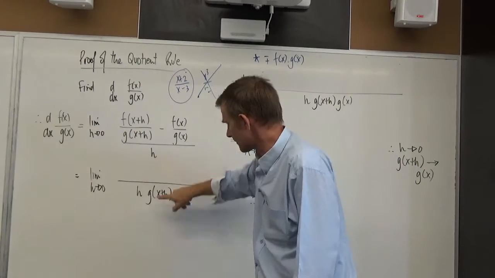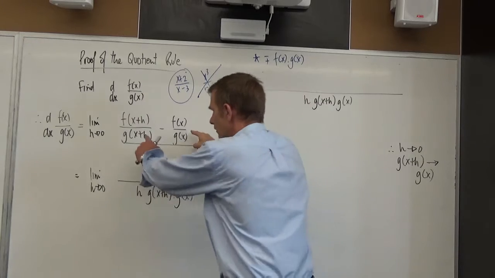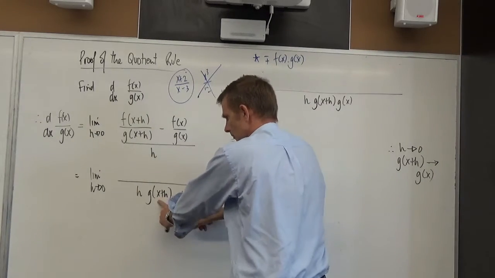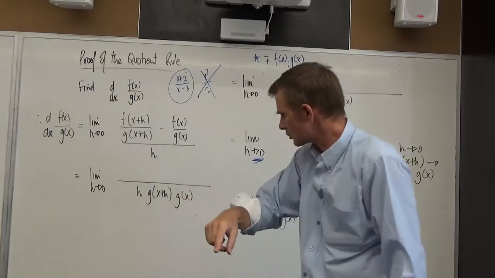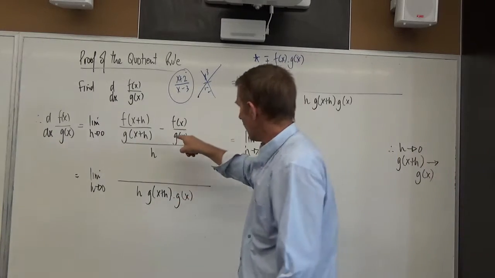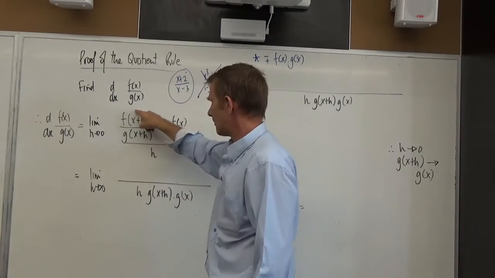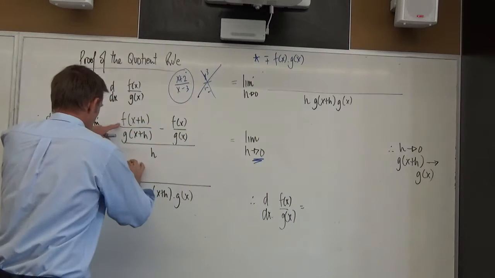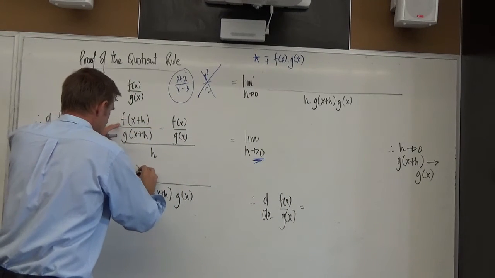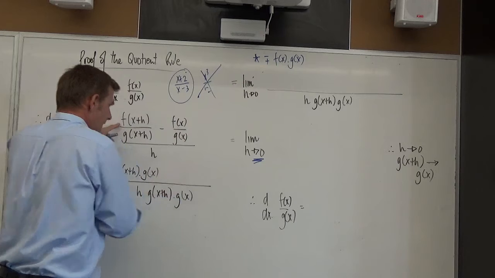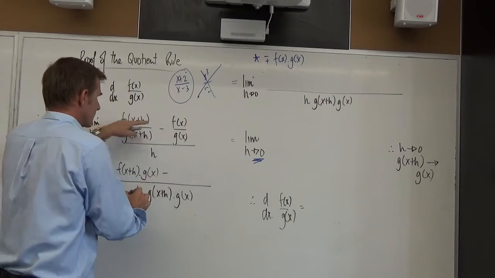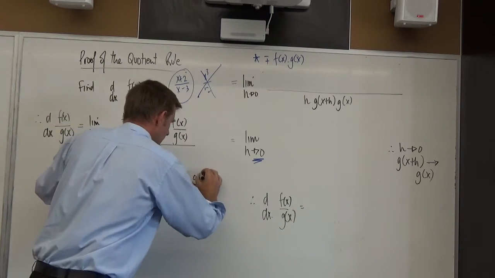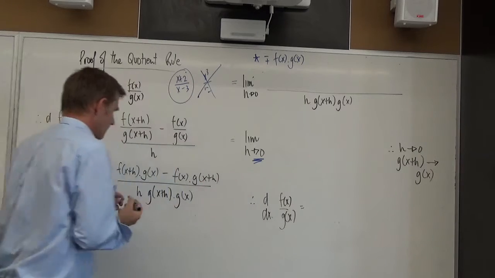And the second step, you'll notice here, I've put this part on a common denominator. So because I want a common denominator of g of x plus h and g of x, I've got to multiply that one up to there and that one up to there. So I'm going to end up with f of x plus h times g of x, minus that one, f of x times g of x plus h.